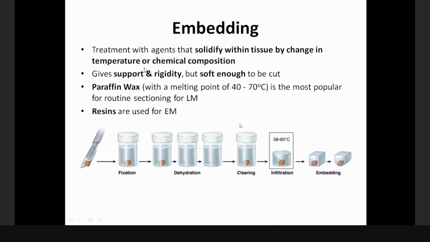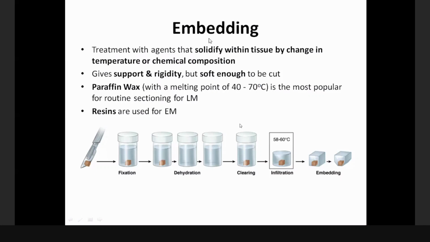These are all listed or summarized in such slides. Here, for example, this slide is showing what embedding is. Embedding is just making your tissue surrounded by the medium you chose.